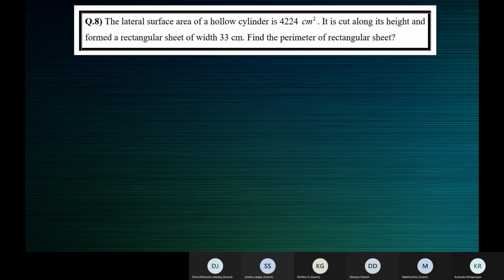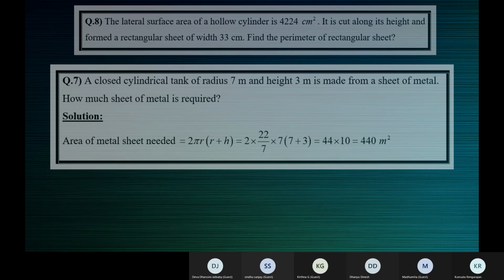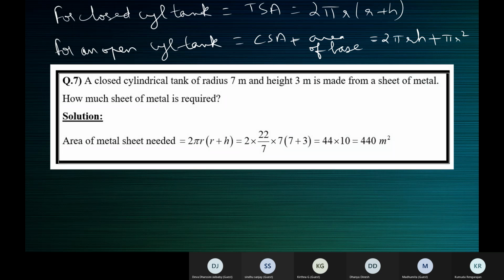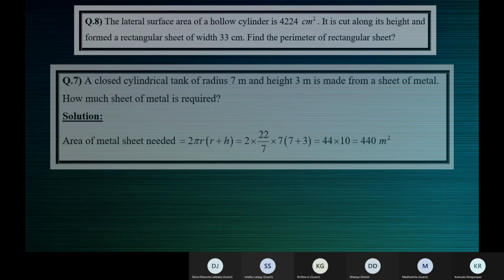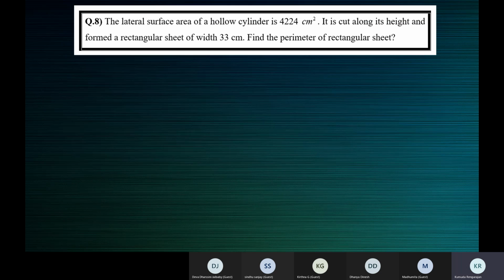Next one. The lateral surface area of a hollow cylinder.